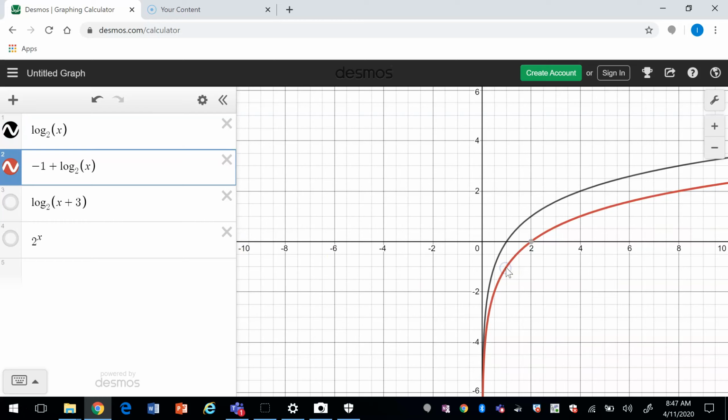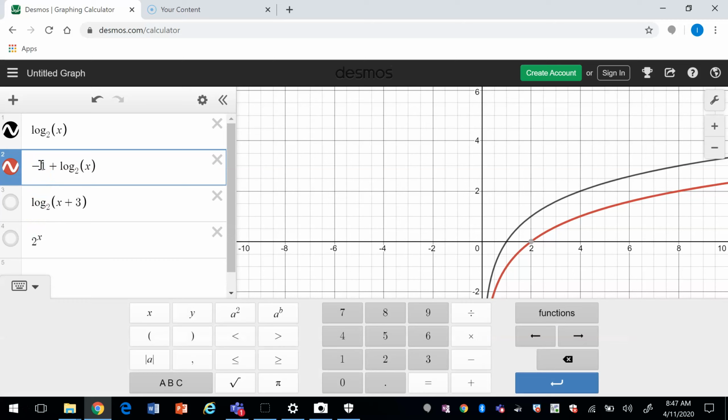And so that's using the same transformations as we had before in section 1.7. So if we're adding or subtracting a number on the outside of the log, then the graph moves up or down. Notice if it was a positive 1, then the graph would move up.